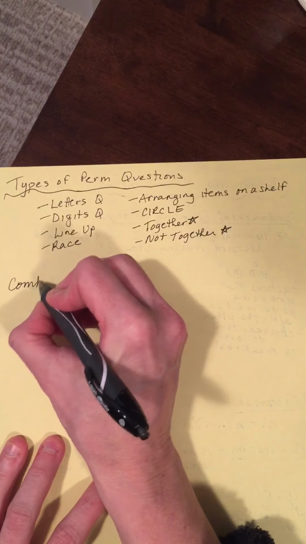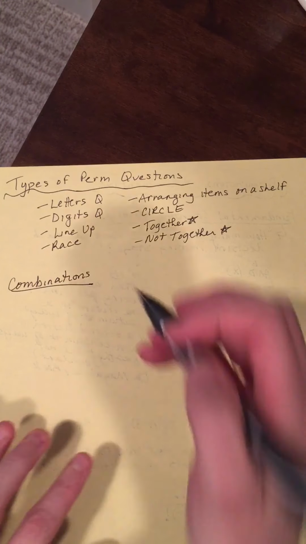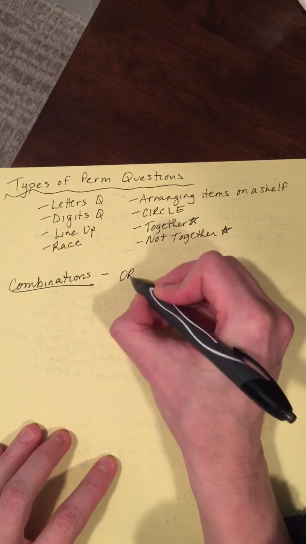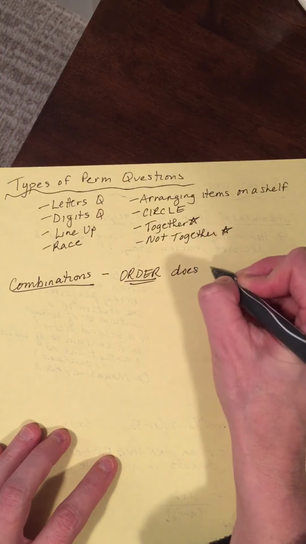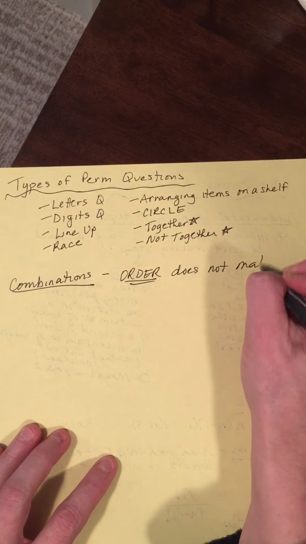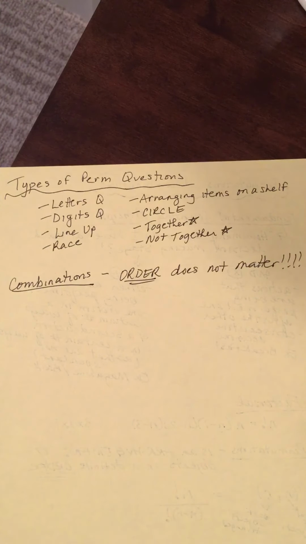Okay? The next concept that we got into was combinations. And with combinations, the big difference is that order does not matter. You're not concerned about order whatsoever. You're concerned about just picking what you need to pick.